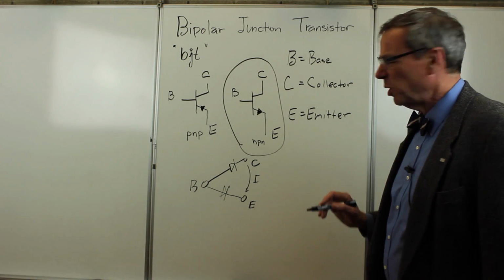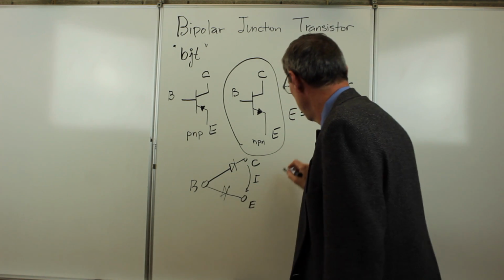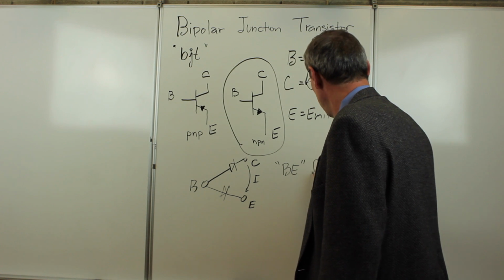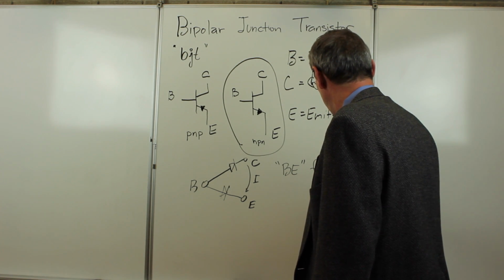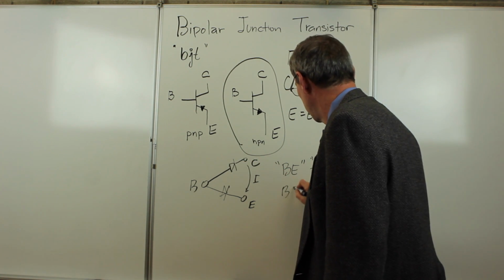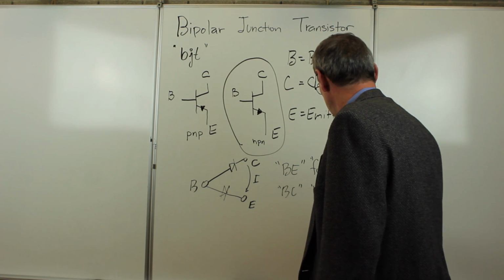And the normal operating state of this transistor requires that the base emitter junction be forward biased and the base collector junction be reverse biased.